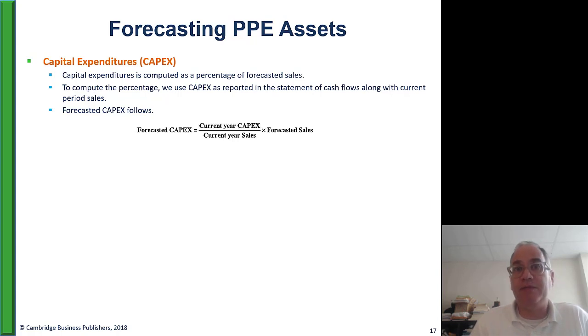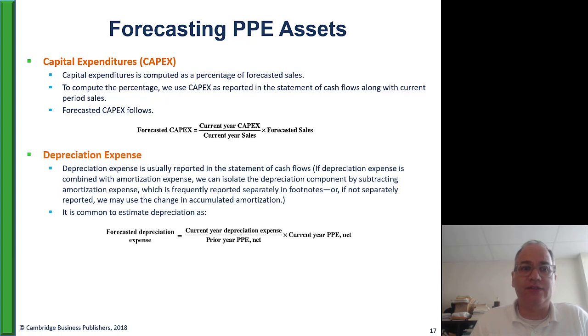And PP&E assets are operating assets. Likewise with depreciation expense, it may increase in proportion to the change in PP&E. So if you're anticipating high capital expenditures, then PP&E is going to change, which in turn is going to change depreciation expense.